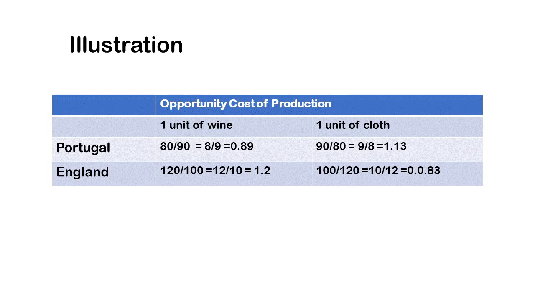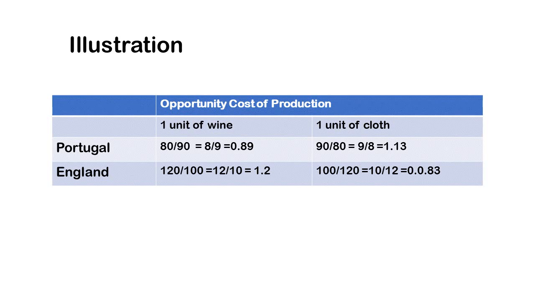Similarly, when Portugal produces 1 unit of cloth, the opportunity cost of production is 1.13 units of wine. Similarly, when England produces 1 unit of wine, it is giving up the production of 1.2 units of cloth.